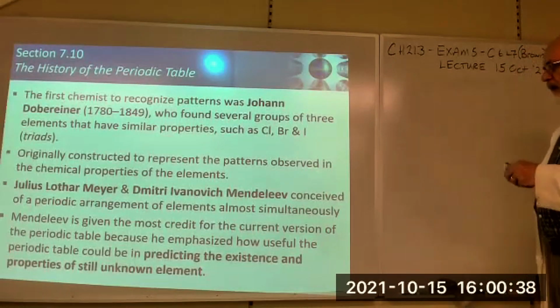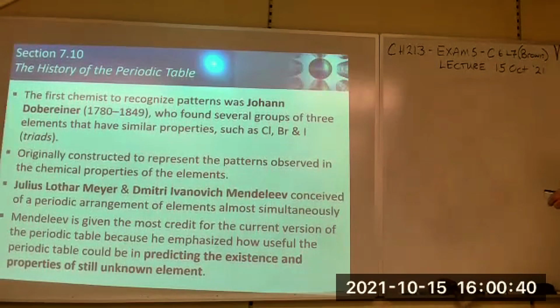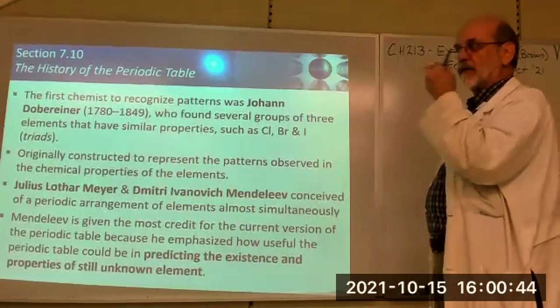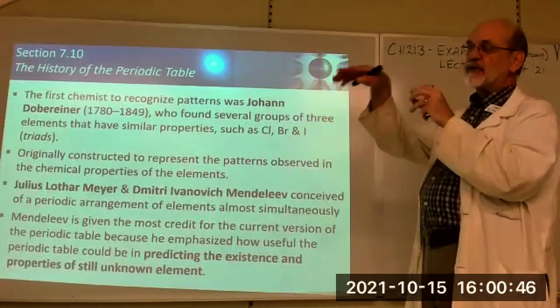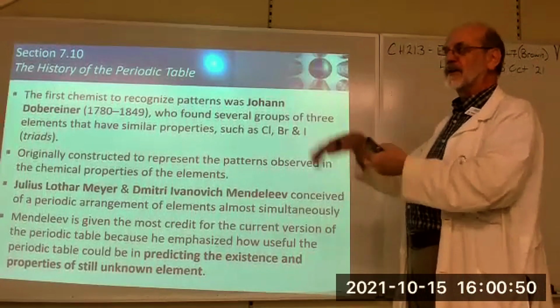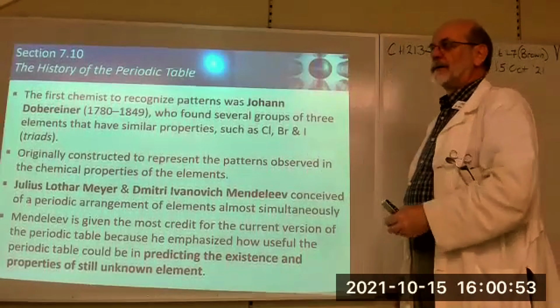Anyway, when he found his groups, his families of elements, originally he put his families left to right in his first publication, and then in the second publication he switched them into verticals.